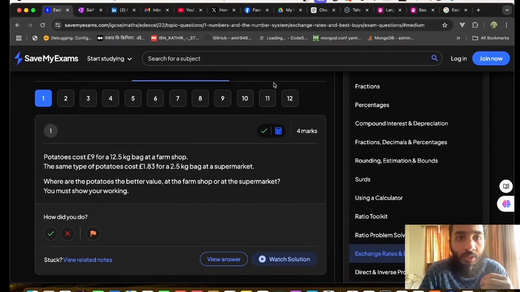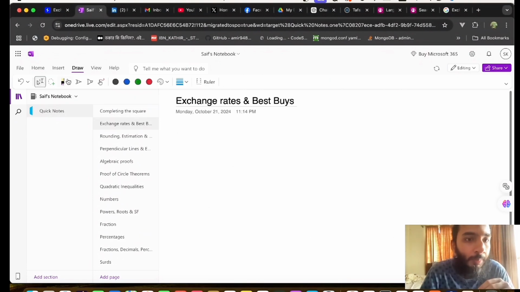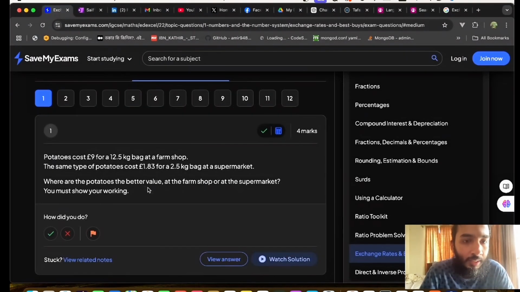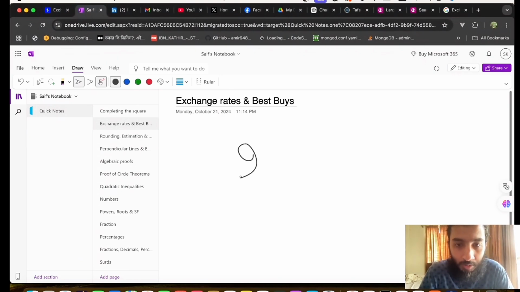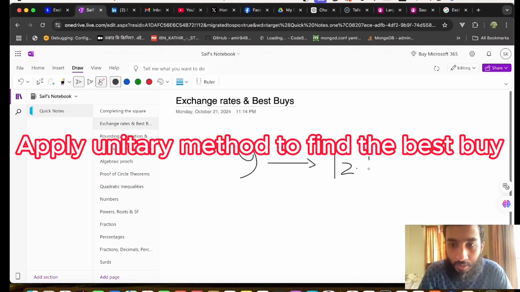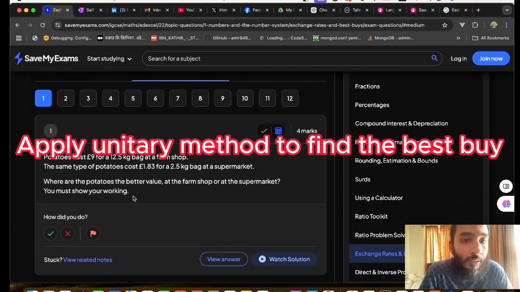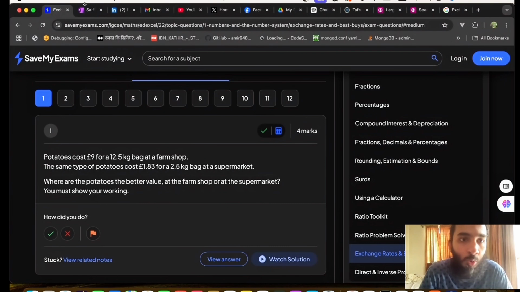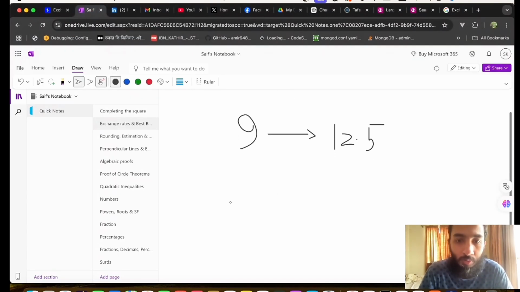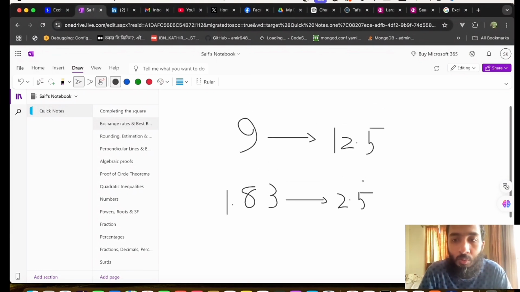Okay, so let's try to solve this problem. I'll use my pen tool. It says £9 for a 12.5 kg bag. Is this better, or £1.83 for a 2.5 kg bag? Let's use the unitary method to figure out which one is better.